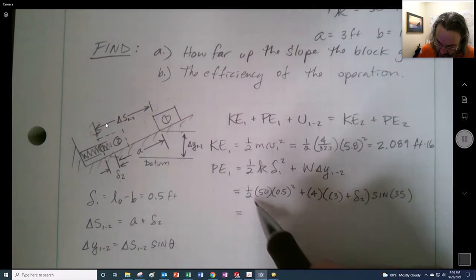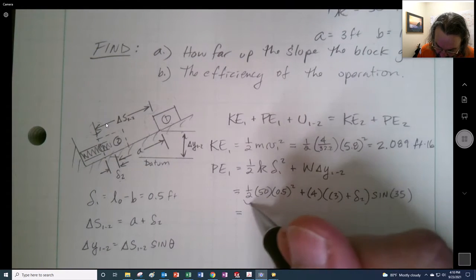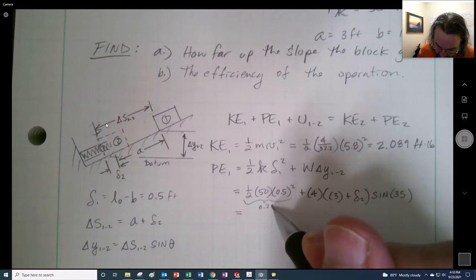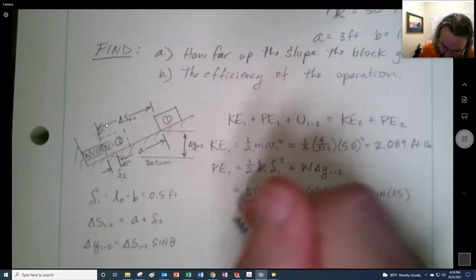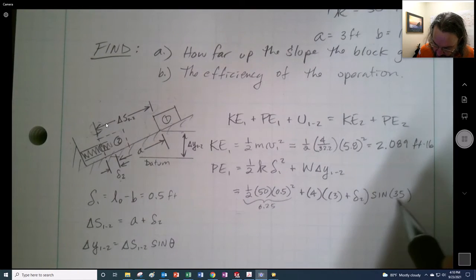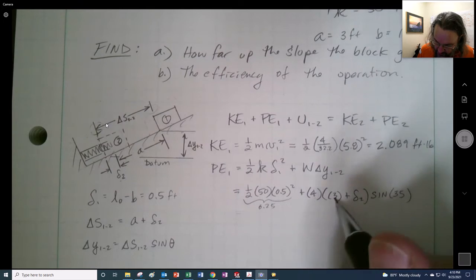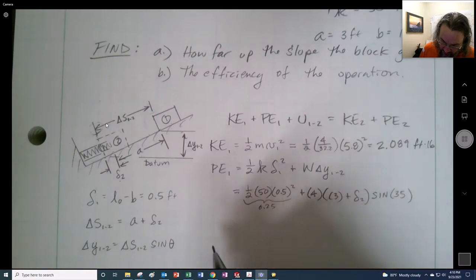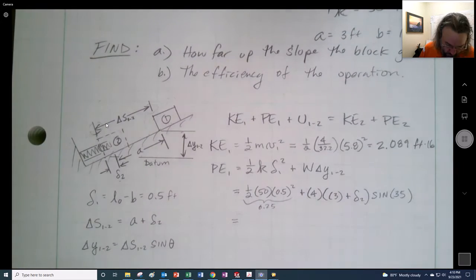Okay. That's 6.25. Maybe I'll write that right there. I'll give myself some more space for the next line. And then we're going to have 12 times sine of 35, right? 4 times 3, 12 times sine of 35.